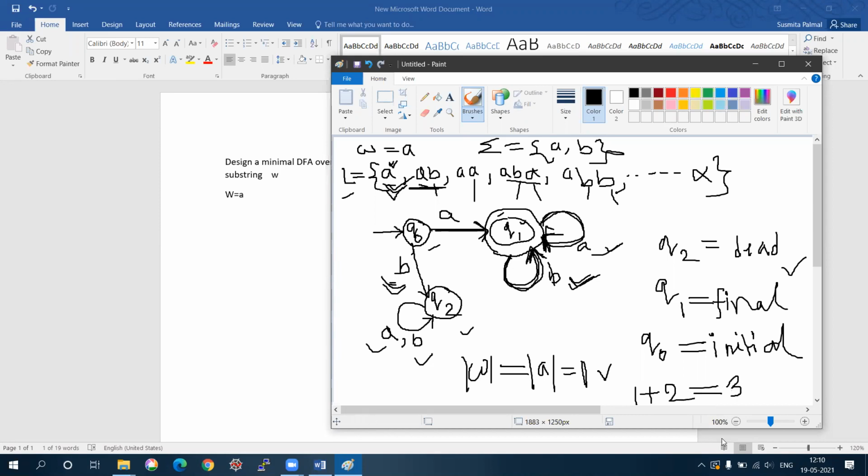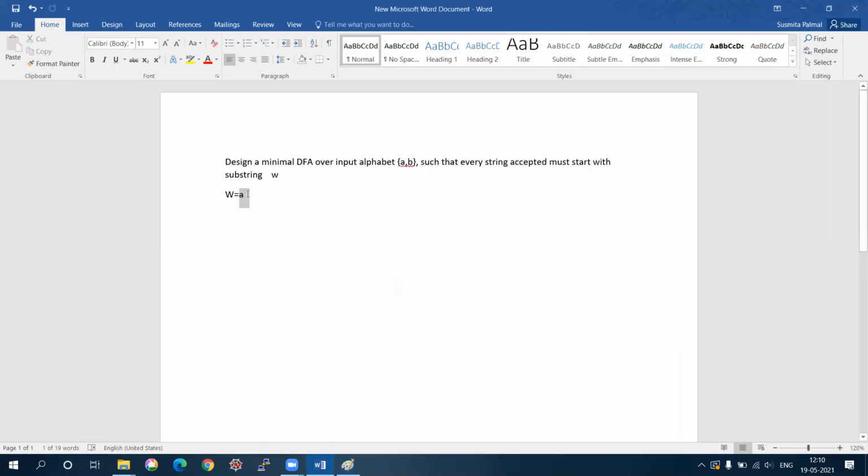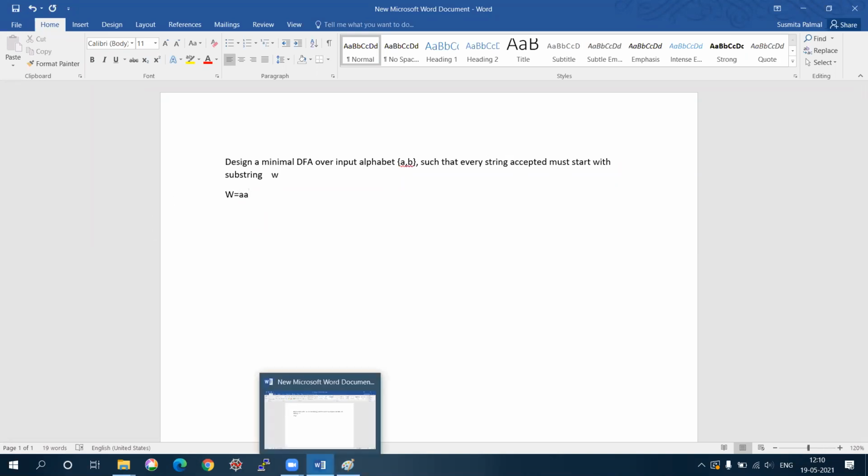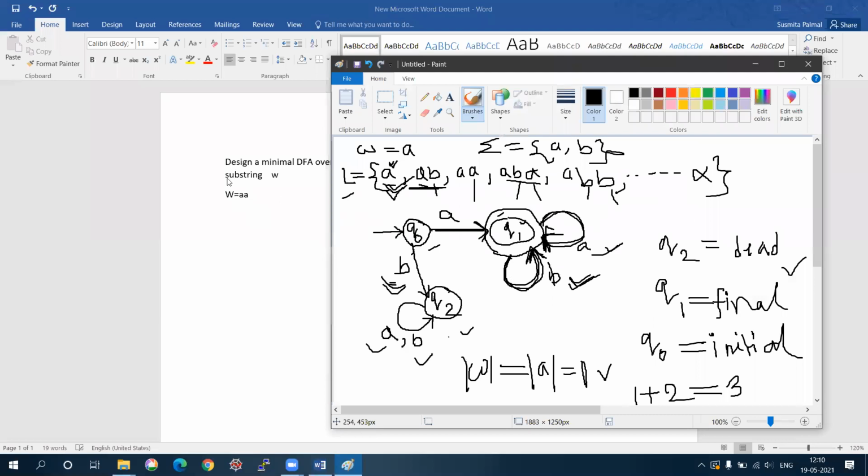Now, if W equals AA, that means our string will start with AA, then total number of states will be length of W plus 2, which is 2 plus 2, that is 4. So that example we will discuss in our next class.